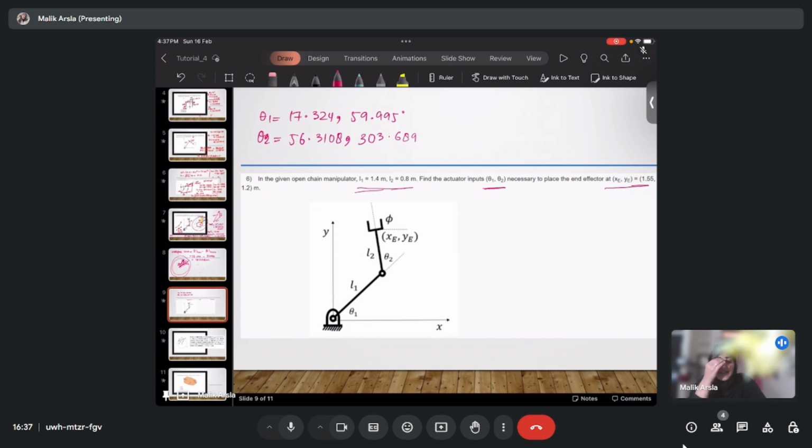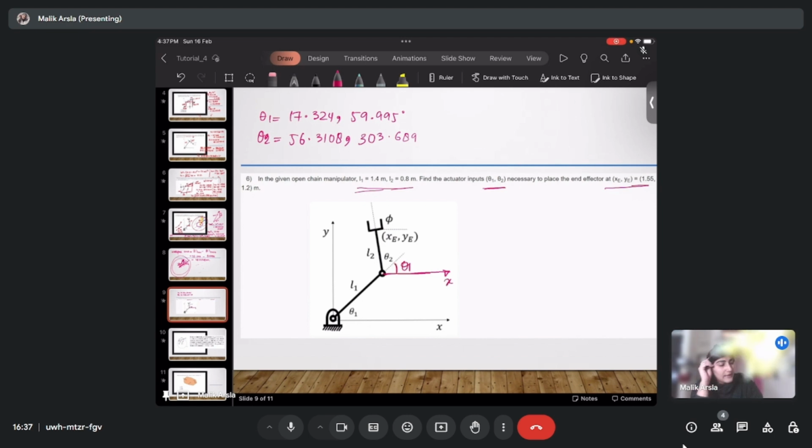So you know the standard procedure which has been shown in the classroom. Basically, you'll first write the xe and ye in terms of these angles. We can draw a line parallel to the x-axis, and then this angle will be theta 1.